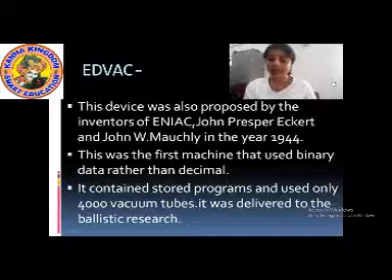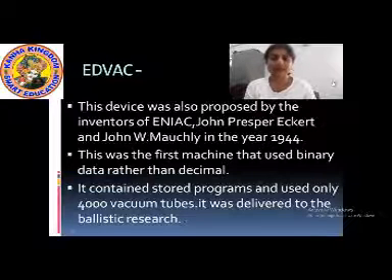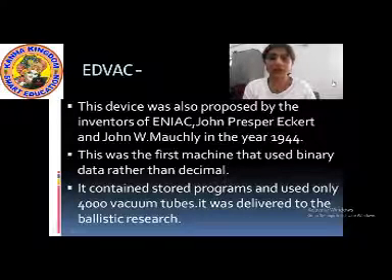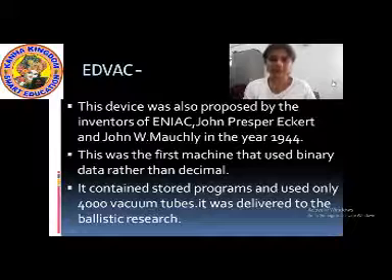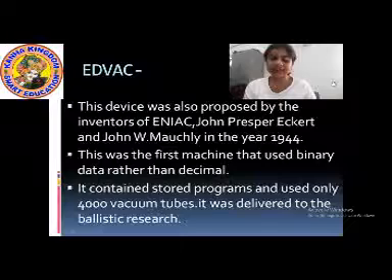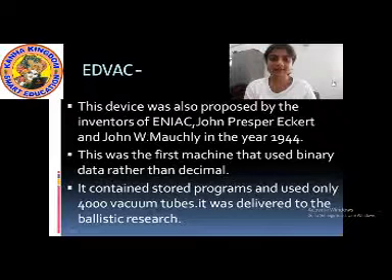It was the first machine that used binary data rather than decimal. And this computer was delivered to the Ballistic Research Laboratory, a research organization, to do some research work.